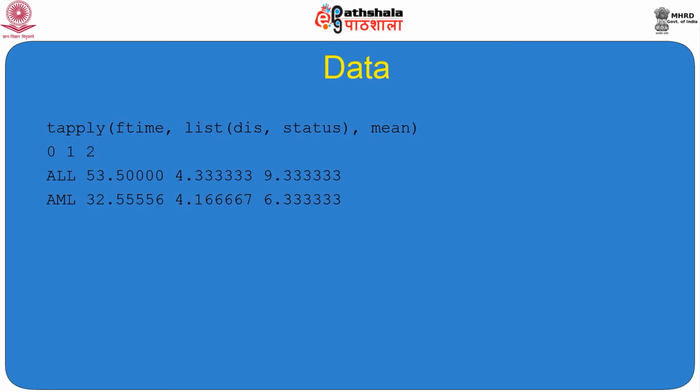It shows that for the censored observations in ALL, the mean follow-up time was 53.50 days. Those who died in the ALL group had a mean follow-up time of 4.33, and those who died due to some other reason had a follow-up time of 9.33.